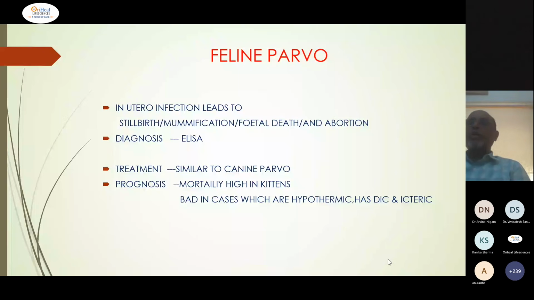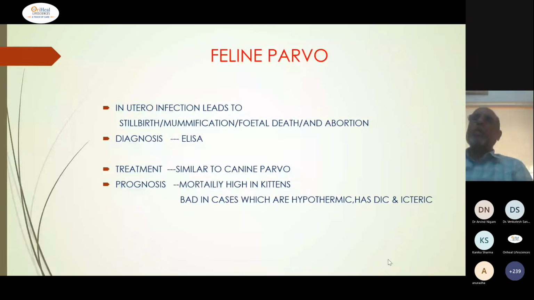Regarding prognosis, mortality is very high in kittens and bad in cases which are hypothermic. Cats are very specific. Whatever the critical care in cats, if the cat has a low temperature, less than 98, it will not respond to any of your therapy, whether fluid therapy or a motility modifier.